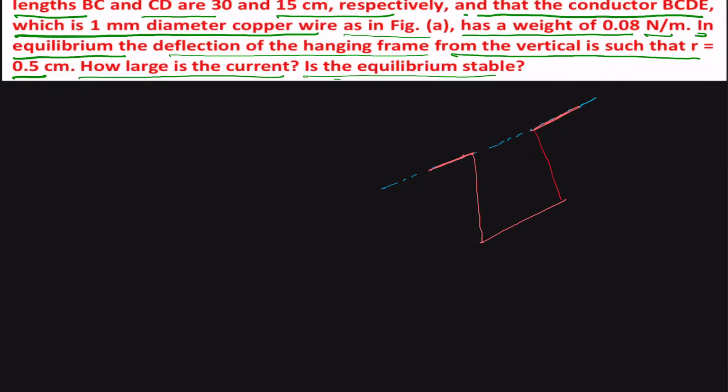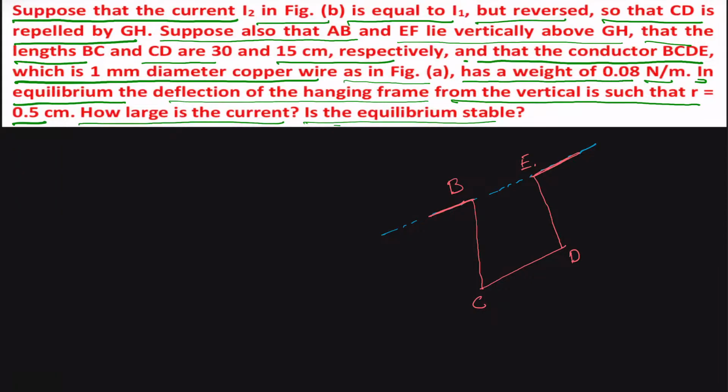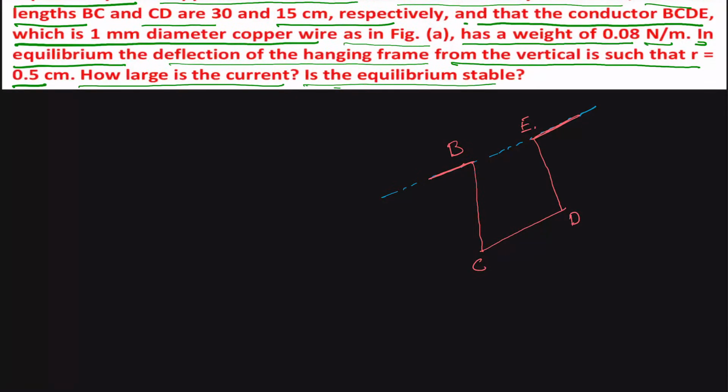So this is the hanging frame, and it is given as our B, C, D and E. Okay. And along with that we are also having a GH conductor.